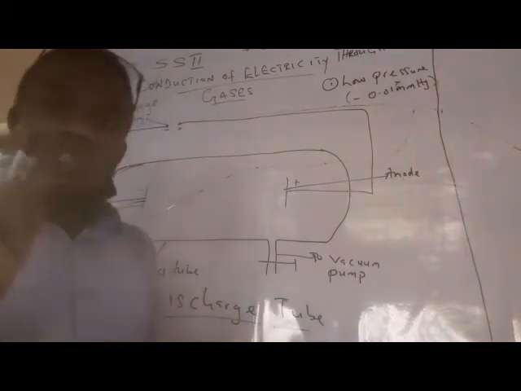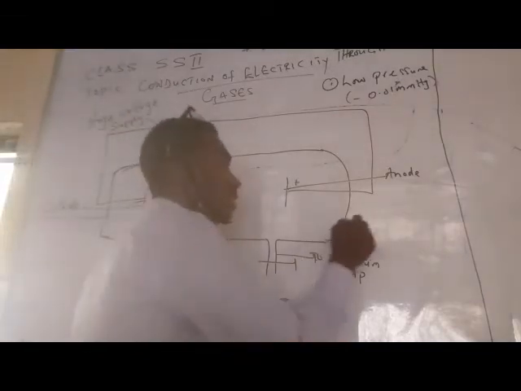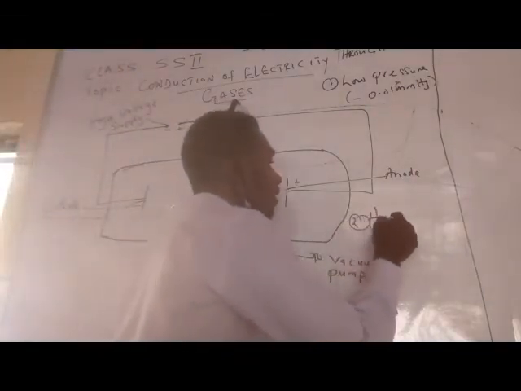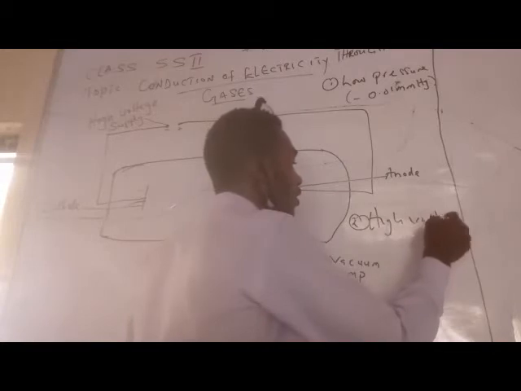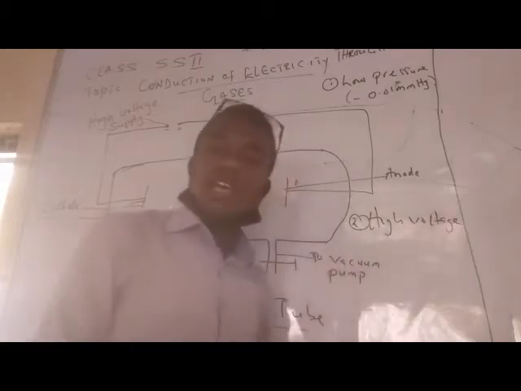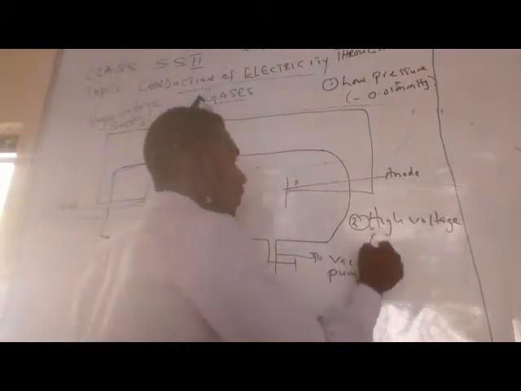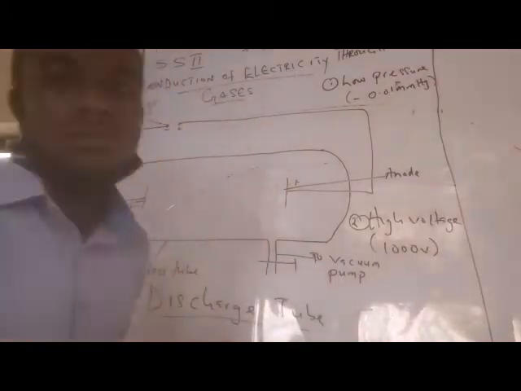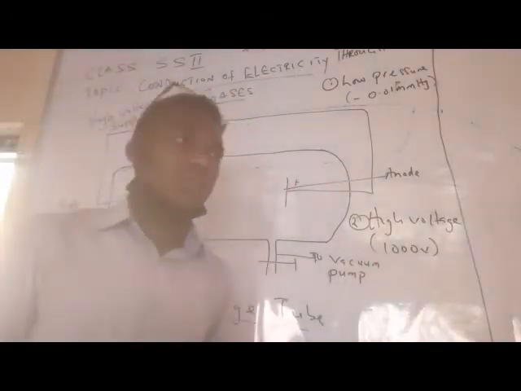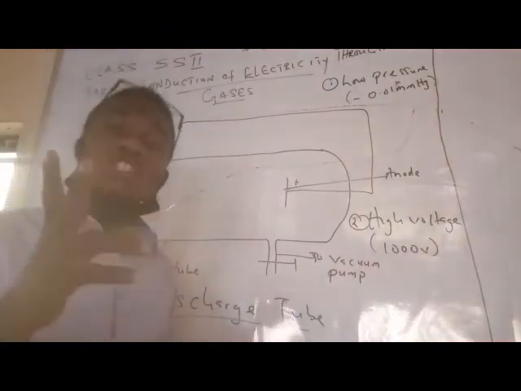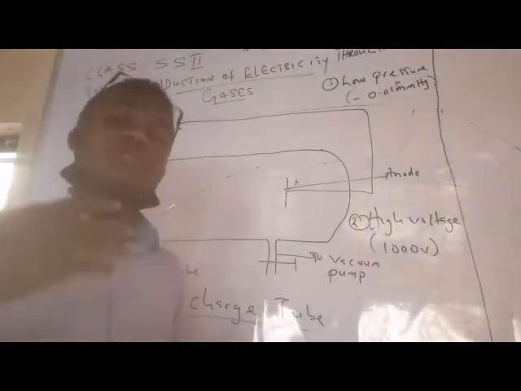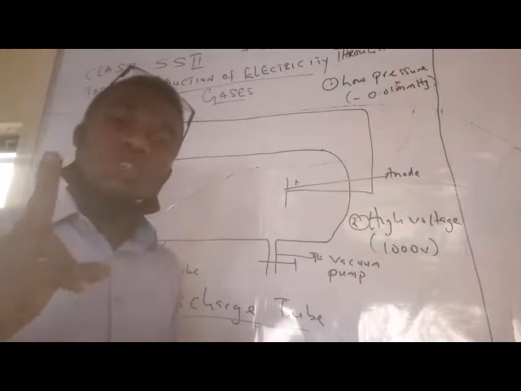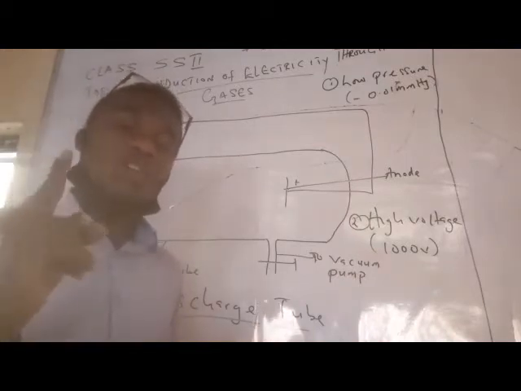Another condition under which a gas will conduct electricity, number 2, is high voltage. And this high voltage, what are we talking about? We're talking about a voltage of about 1000 volts. So these are the two conditions under which gases will conduct electricity.